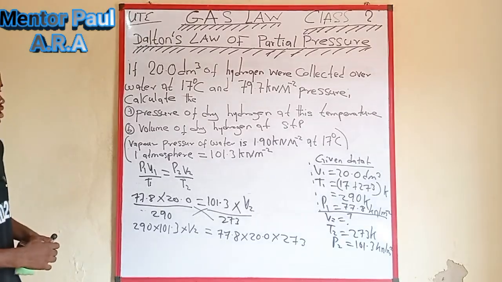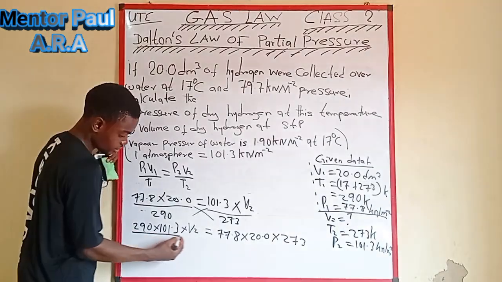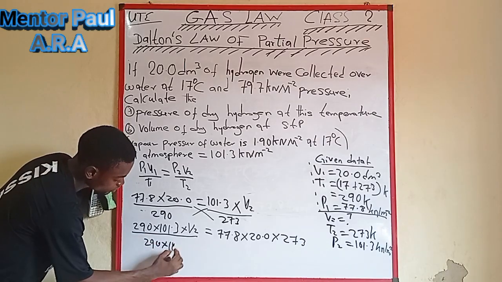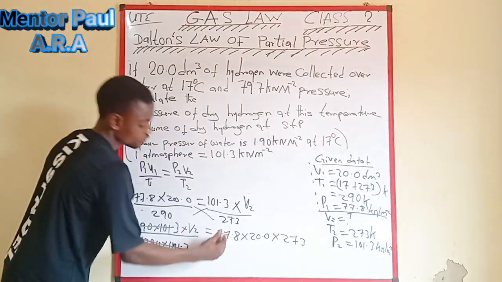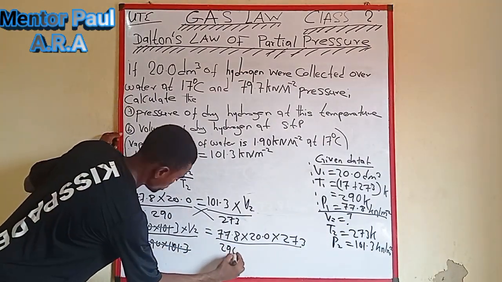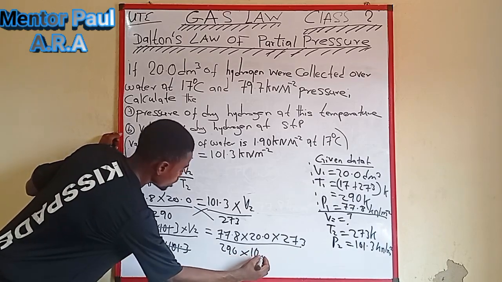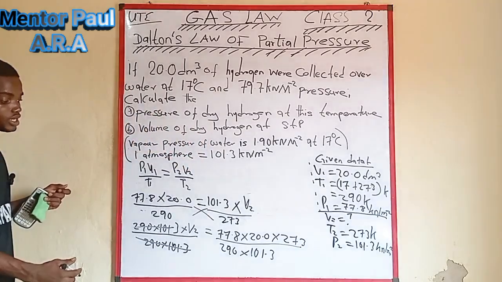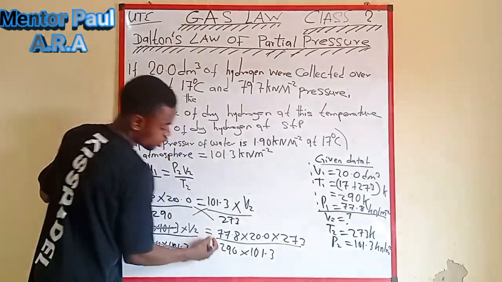All right. Now, because we are looking for V2, we need to divide both sides by 290 times 101.3. This will cancel this. Whatever you divide there, you divide here, remember? Once you cancel, you say V2 equals.